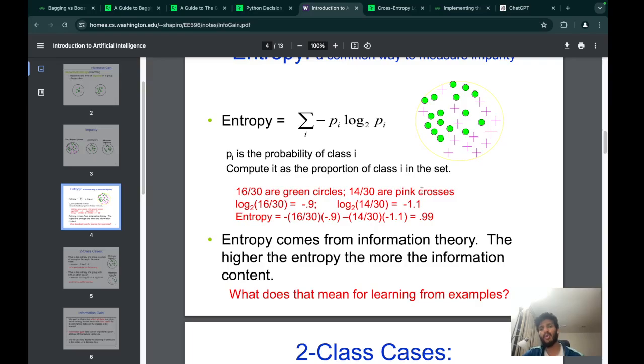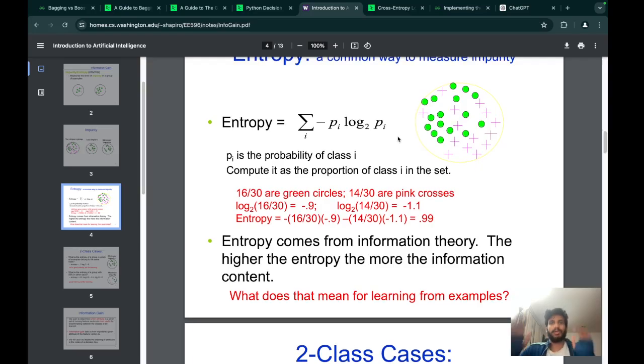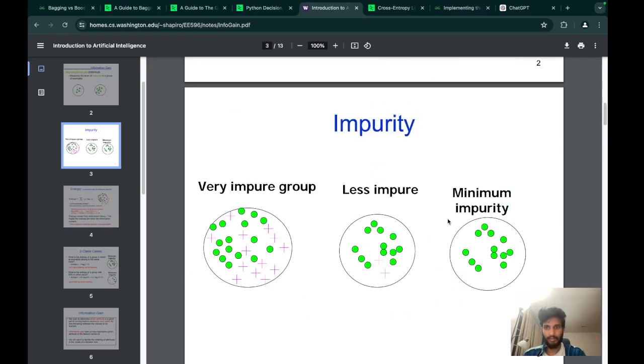So basically, if you have two classes, the maximum impurity could be either that there is a lot less impurity, or it could be very impure.